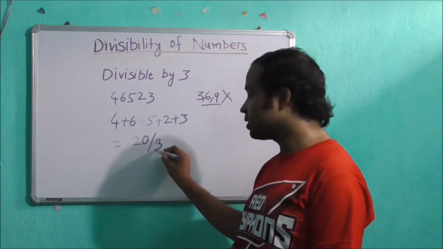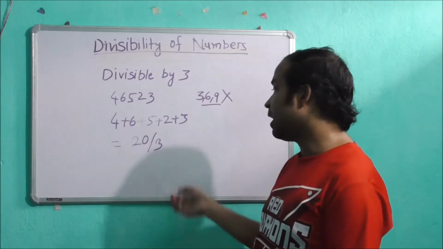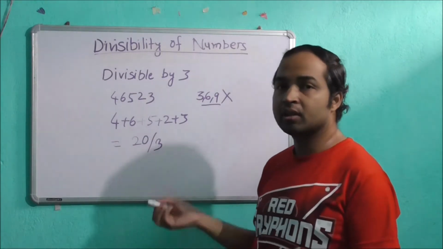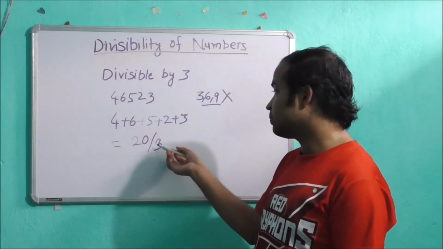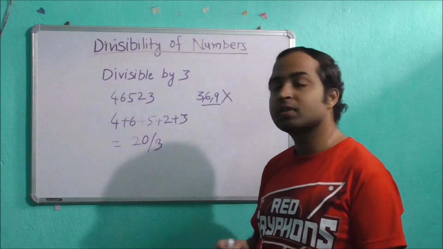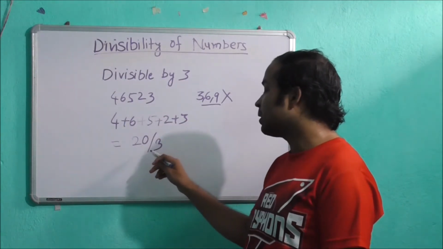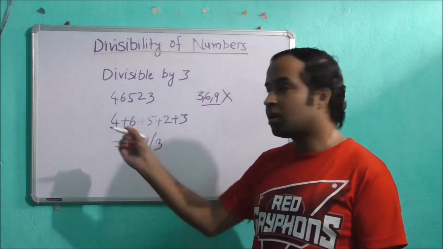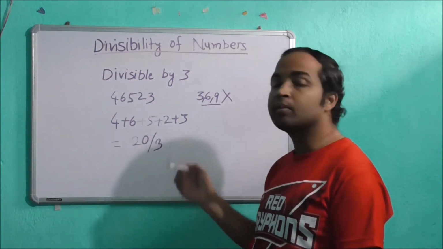Then we will check whether this sum is divisible by 3 or not. This is 20, and 20 divided by 3 gives a remainder, so this number is not divisible by 3. We can only check by adding all the digits and then dividing by 3.